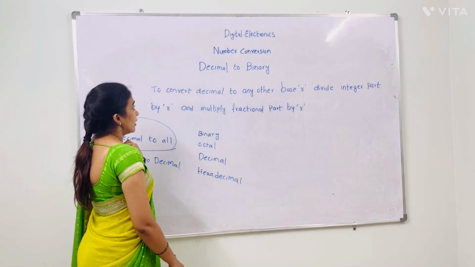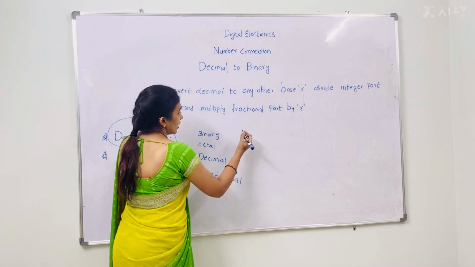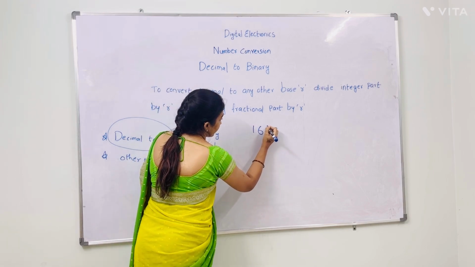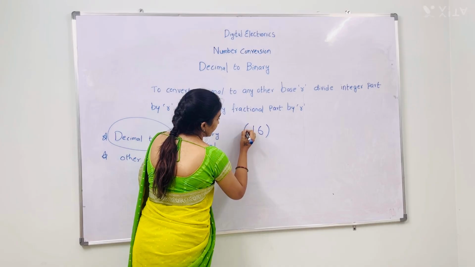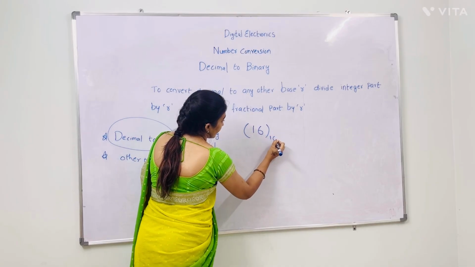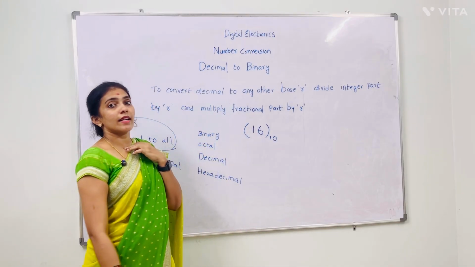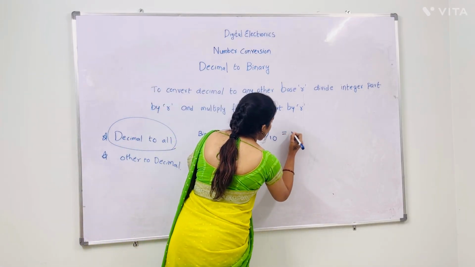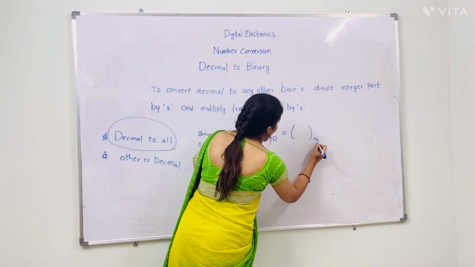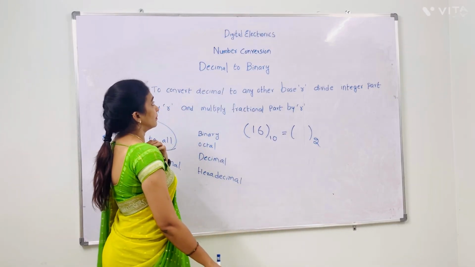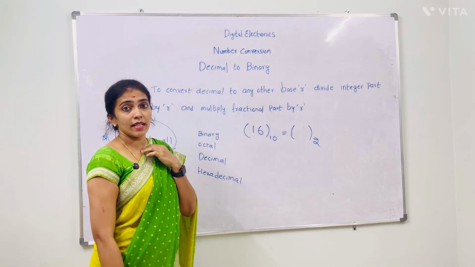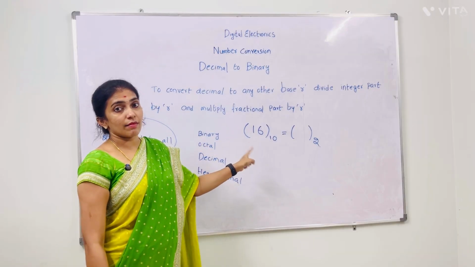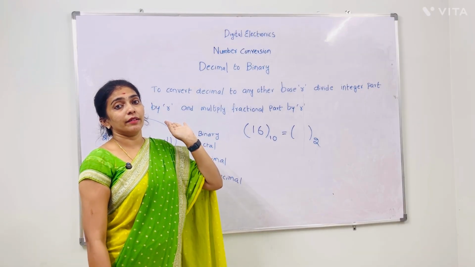So, decimal to binary. Here I am taking one number, 16. This is the decimal number. You have to convert this decimal number to a binary number.